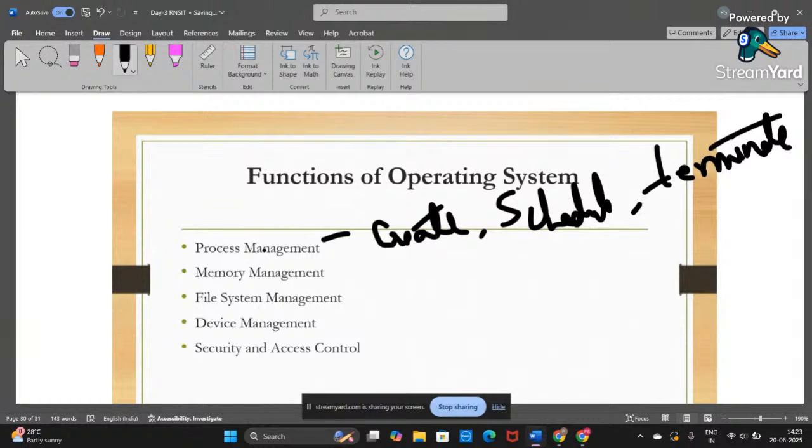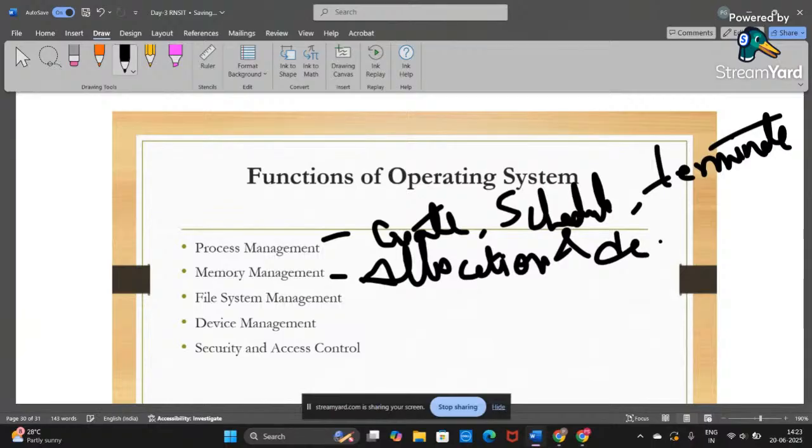These are called process management. Memory management means allocation and deallocation of memory space.